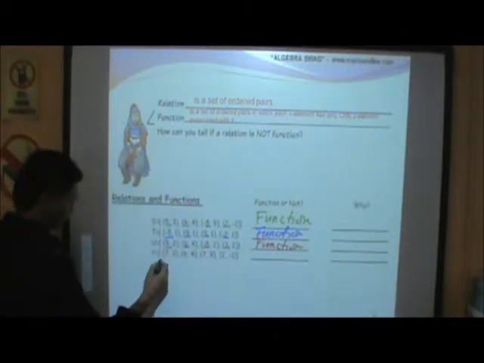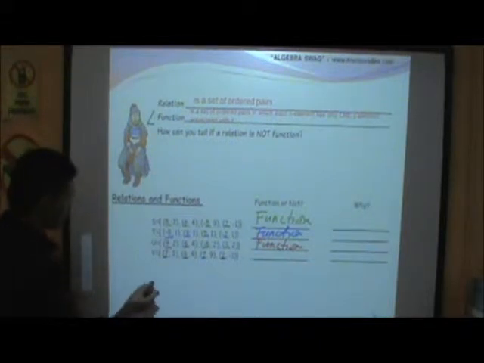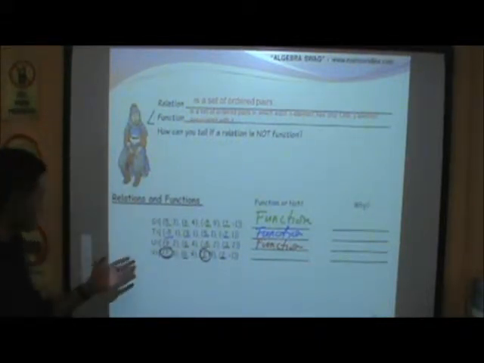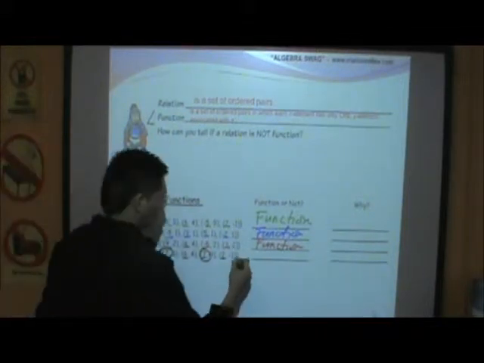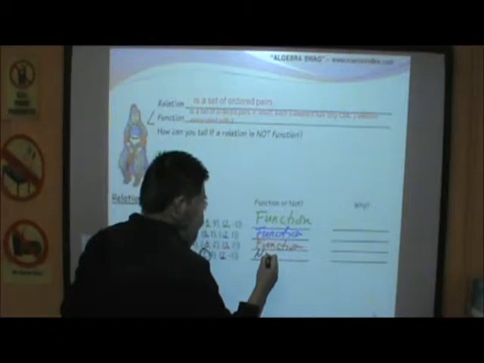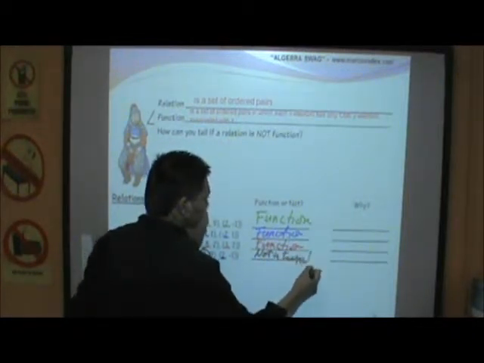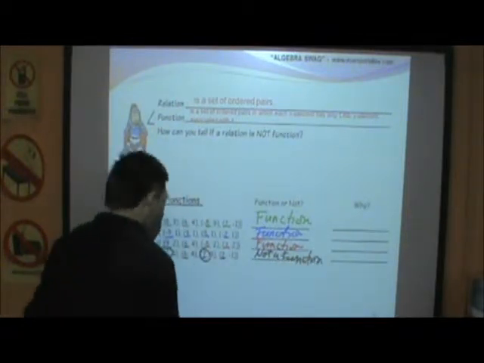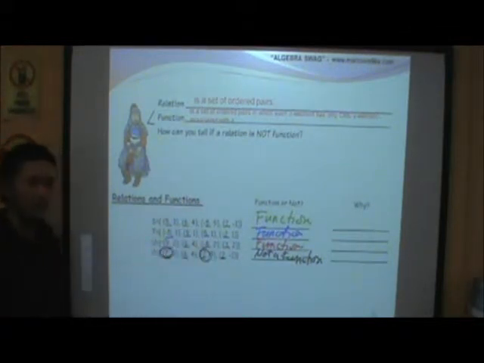So the last one: 7, 6, 7, 2. Here we got 7 and 7. Again, 7 and 7 are repeated, so therefore it is not a function. What's the reason why relation V is not a function?